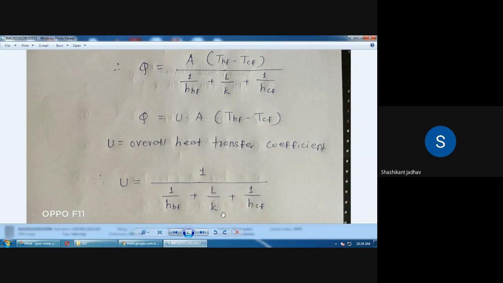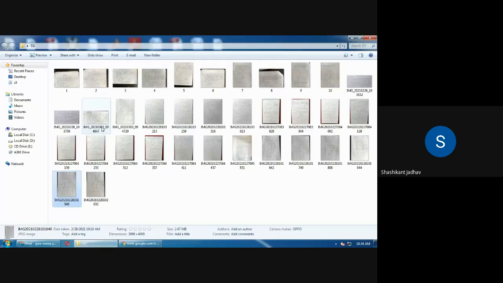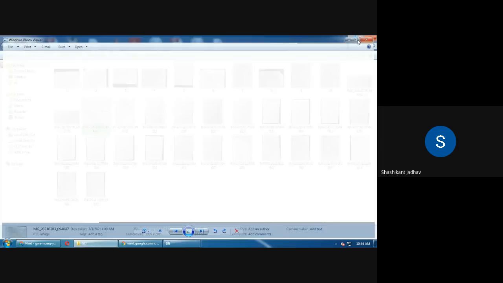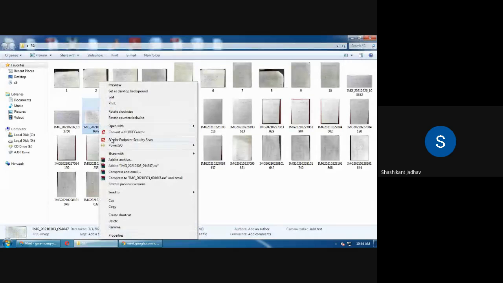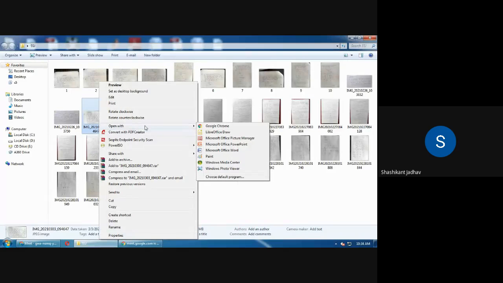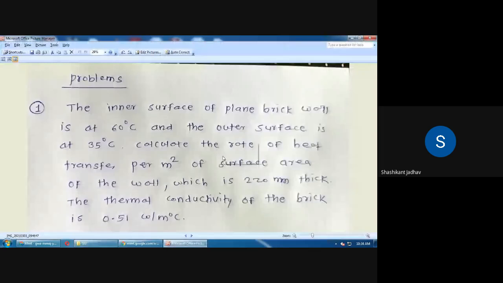So the first simple problem we have to take on the plane wall. Okay, so write down. Write down the first problem, which is simple and based on heat conduction through the plane wall. In the first concept, Fourier's law of heat conduction, we solved the same type of problem, but for the plane wall we have to take one simple problem.